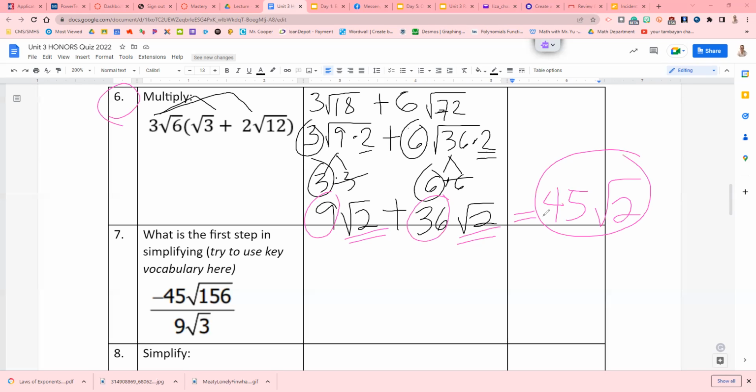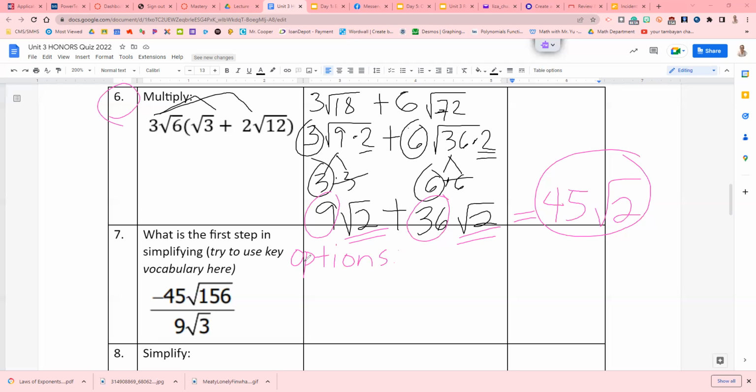For number 7, answers may vary. Again, why? Because it all depends on who's going to answer that. But these are the options, or expected answers.